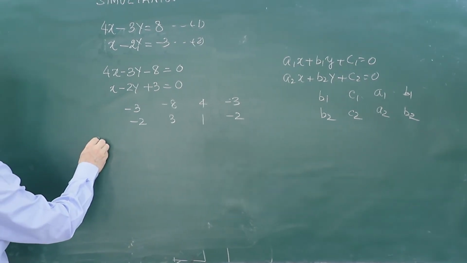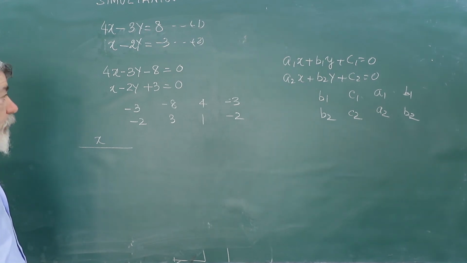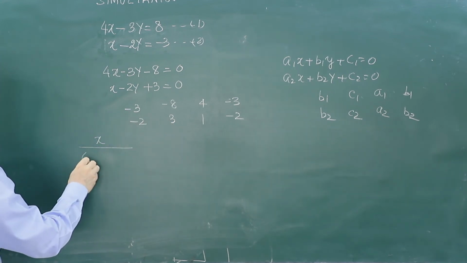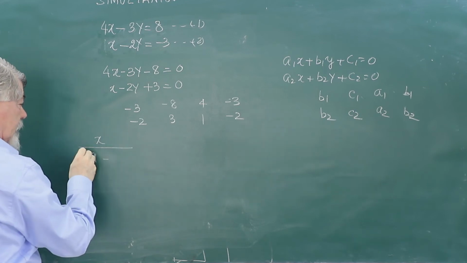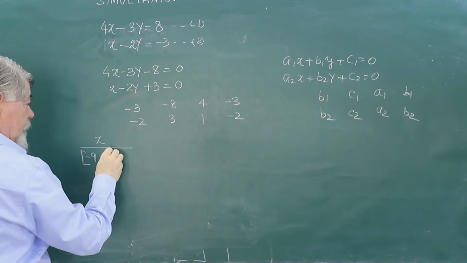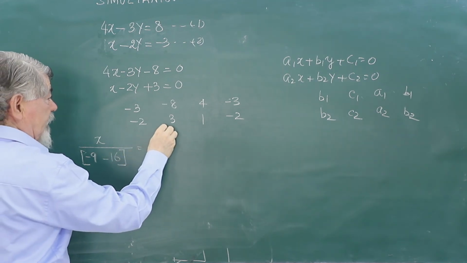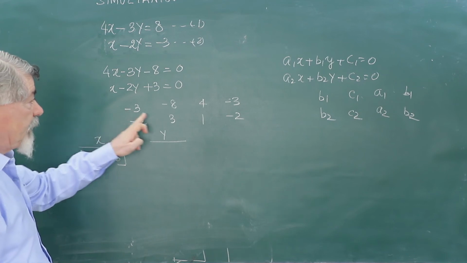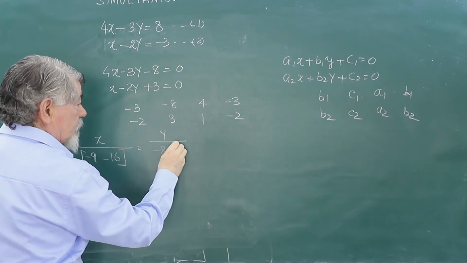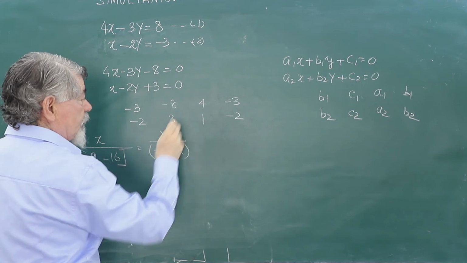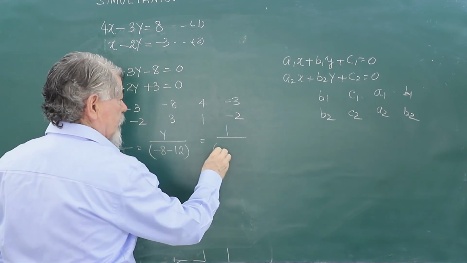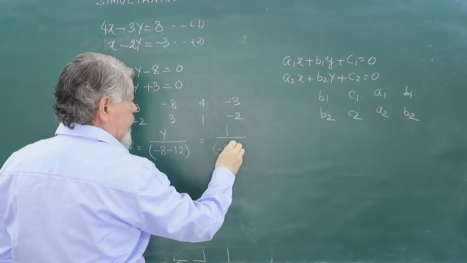Now we write it as x upon minus 3 into 3, which is minus 9, and minus 8 into minus 2 is plus 16, so minus 9 minus 16, is equal to y upon minus 8 into 1, minus 8, and minus 4 into 3, is equal to 1 upon 4 into minus 2, that is minus 8, and 1 into minus 3 is plus 3.